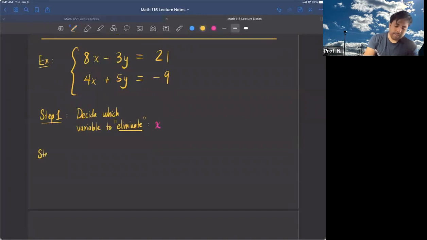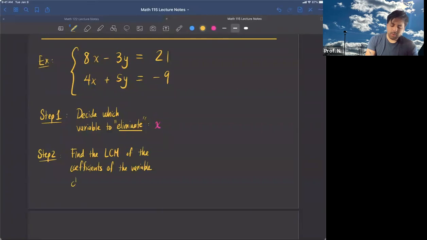Now, the second thing I have to do, step 2, is I have to be perceptive and find the LCM of the coefficients of the variable chosen in step number 1.